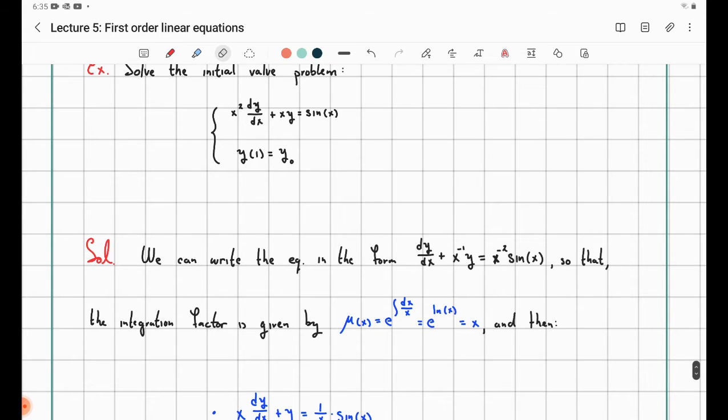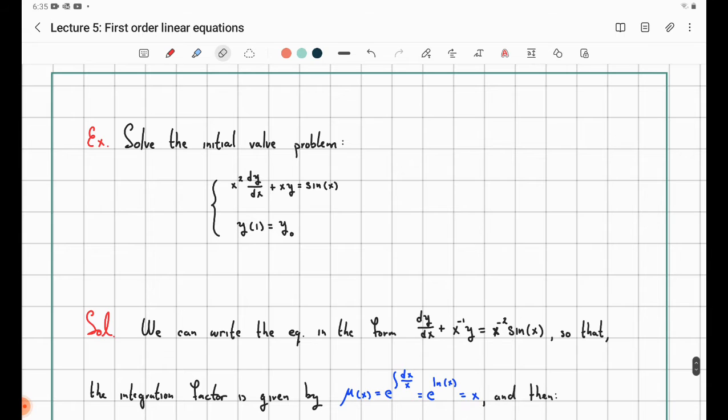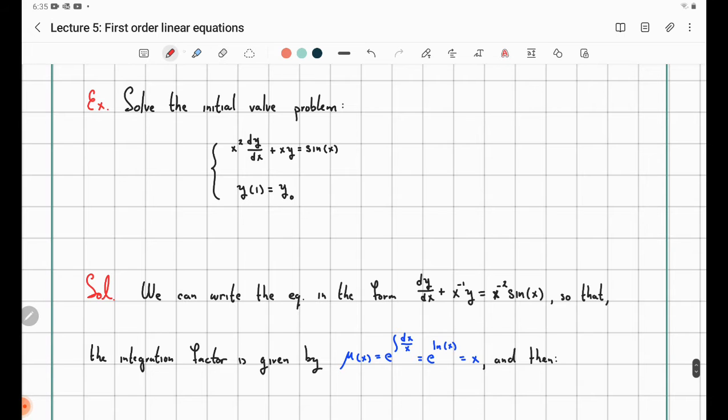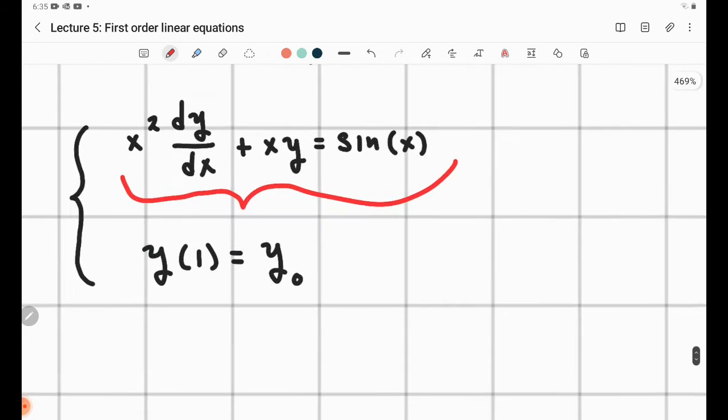In this example, we have an initial value problem. The differential equation of this initial value problem is given by the following equation. Note that this equation here is just a linear equation of the first degree. In this case, it is linear with respect to x, so we don't have the problem of the last example.